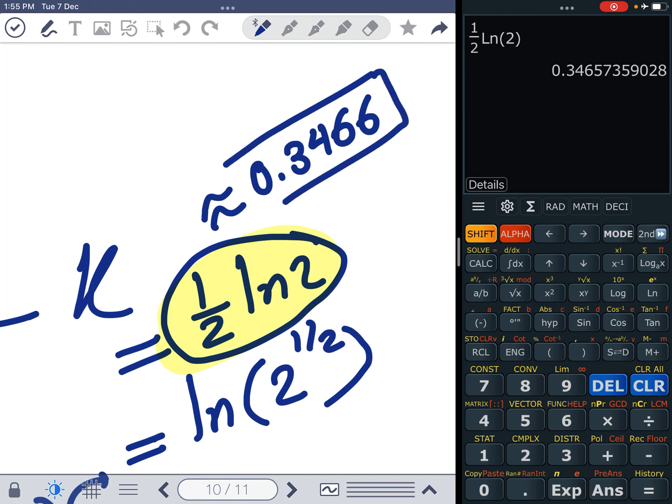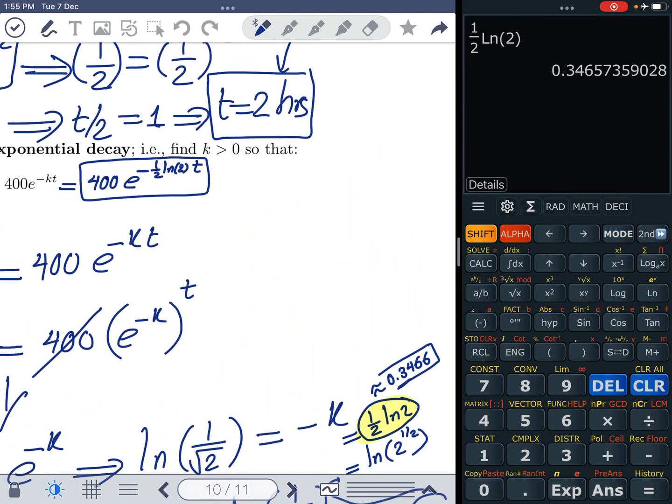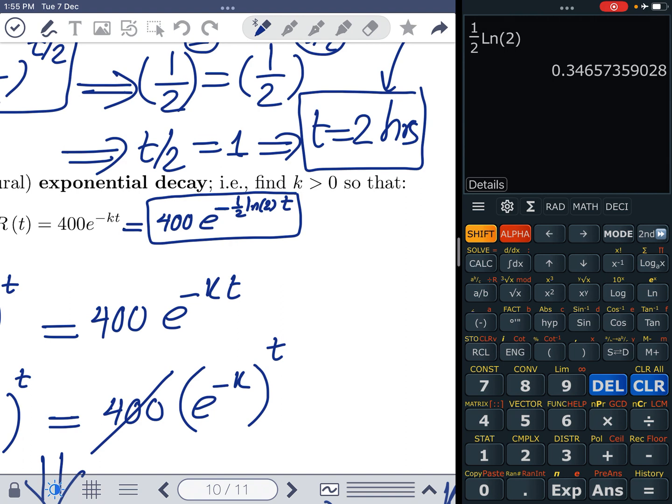But let's keep it as half ln 2 because we can. Okay, so let's see, 400 e to the power of minus half ln 2, so half ln 2 times t.